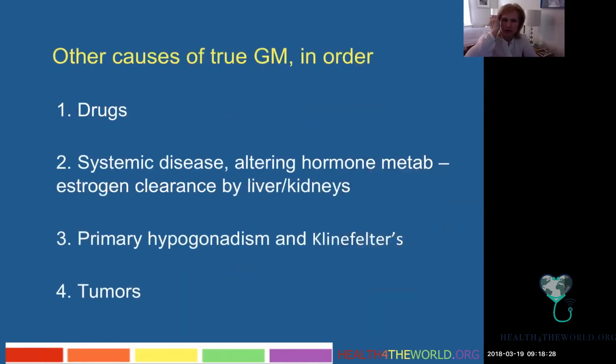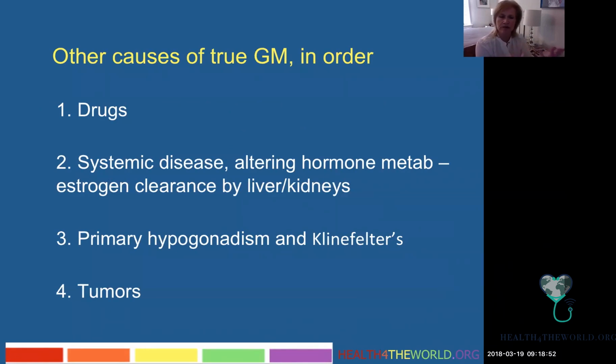So in addition to physiologic or idiopathic gynecomastia, there are other causes of true gynecomastia, and this is in order of frequency. So the most common other cause is drugs, and we'll talk about which drugs can do this. They also have systemic diseases, and these diseases are all characterized by the feature of altering hormonal metabolism.